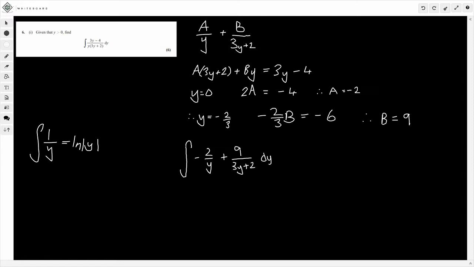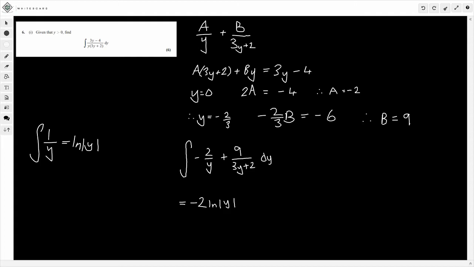So we have 1, we need minus 2, so what have I got to times this by? Well, that's going to be minus 2 ln y. So you've just got to match up the derivative of the denominator with the numerator, so that's minus 2 ln y.